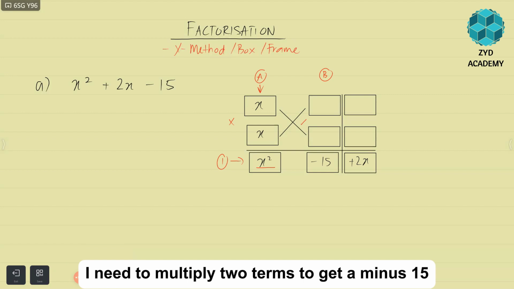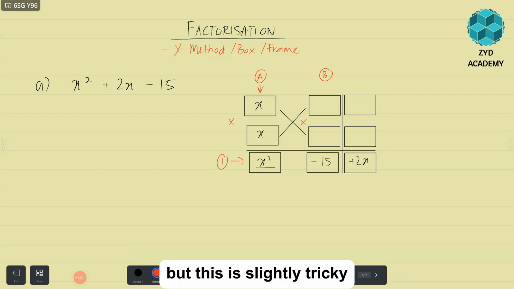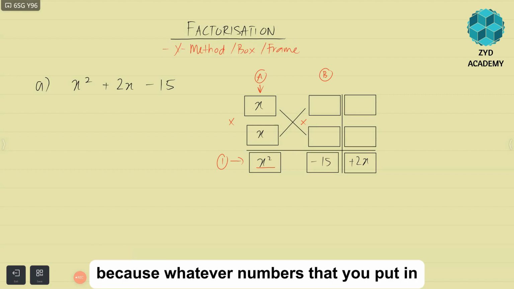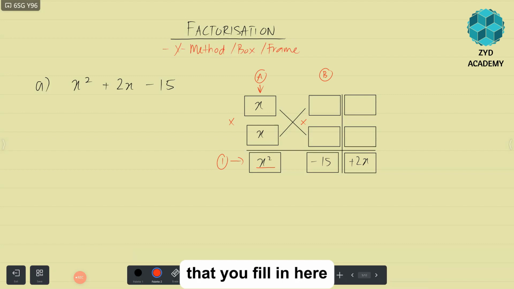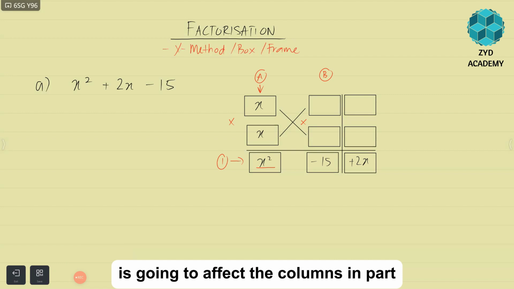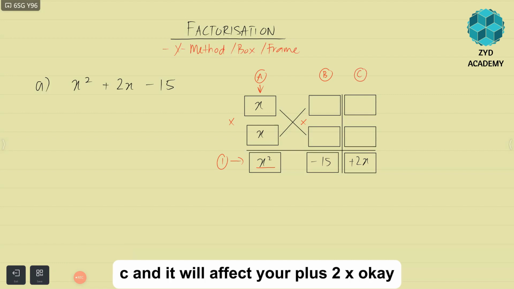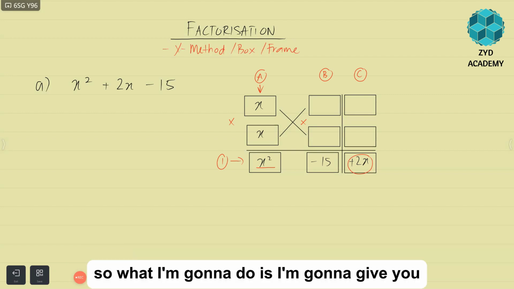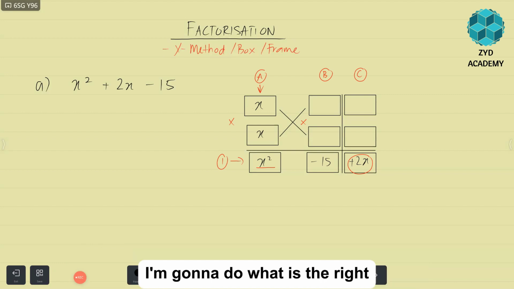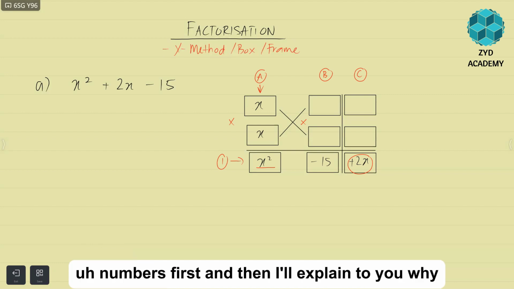I need to multiply two terms to get a minus 15. But this is slightly tricky because whatever numbers you fill in here are going to affect the columns in part C, and it will affect your plus 2x. Okay, so what I'm going to do is I'm going to do what is the right numbers first, and then I'll explain to you why.